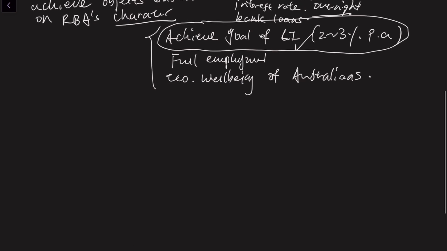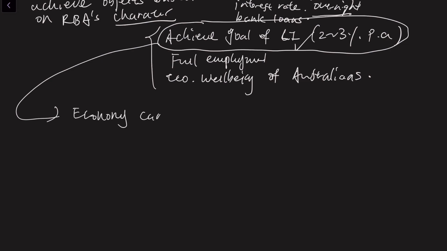So why is the main objective of the RBA the goal of low inflation? Because the economy can only prosper if inflation is low.